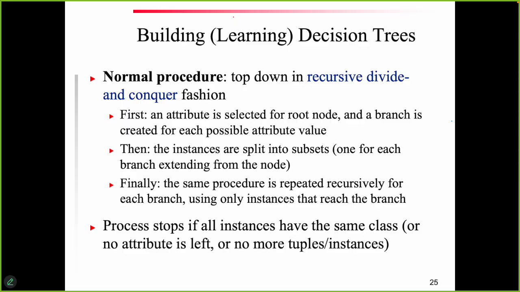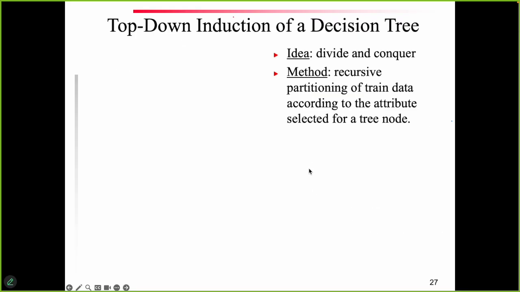I was explaining only the Outlook Sunny branch, but you're actually doing the same process for each branch. And that's the recursive part. And when do you stop? When all examples belong to the same class, or when there are no attributes left, or when you have no more data.